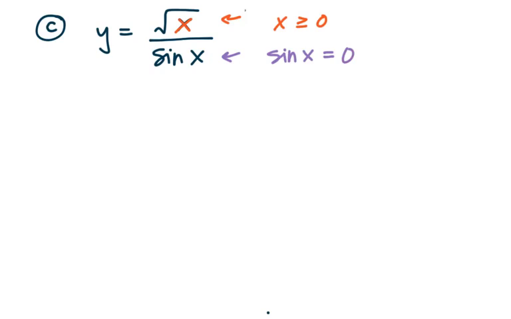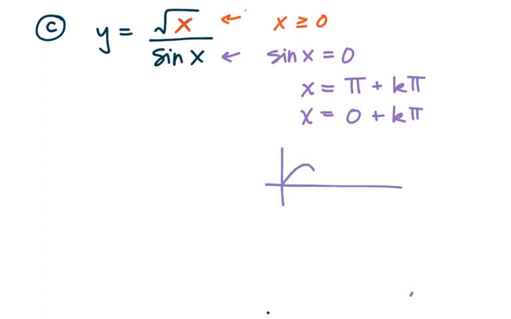If you think about the graph of sine, that's going to occur when x is at any pi value plus k pi. You could also say that as x is 0 plus k pi. If you think about your sine graph, you've got zeros at 0, at pi, at 2 pi, and that would continue along.